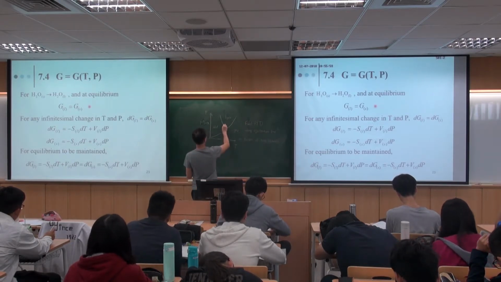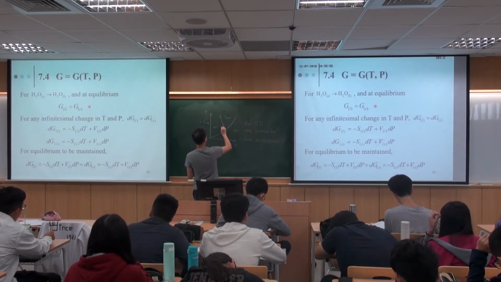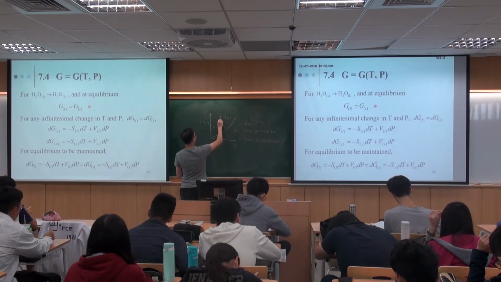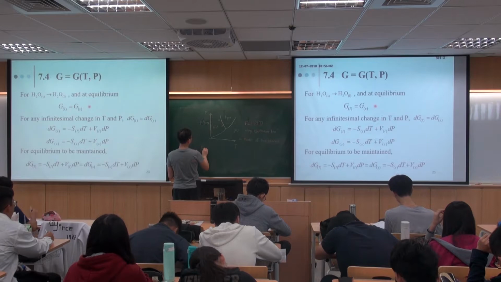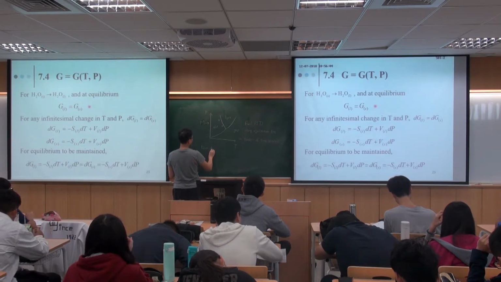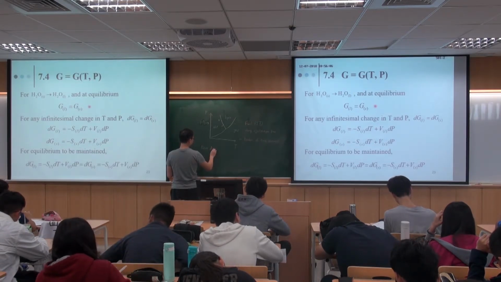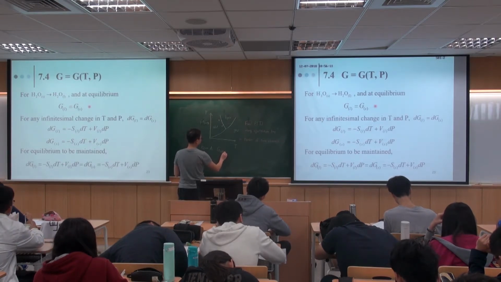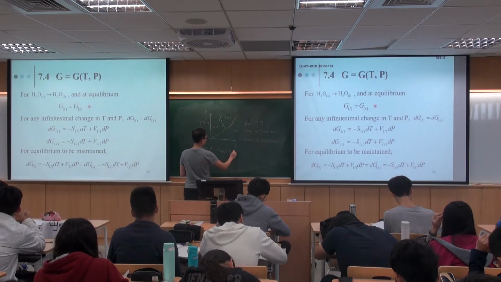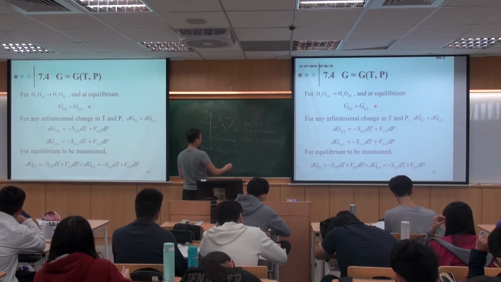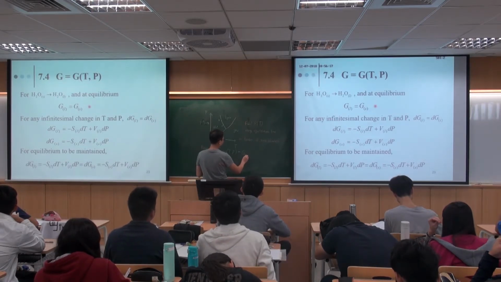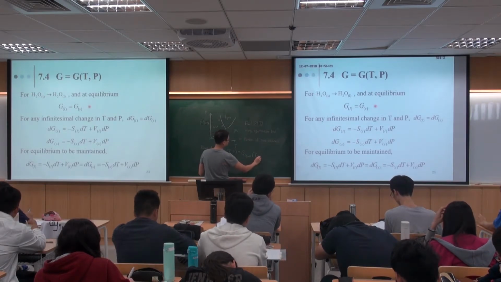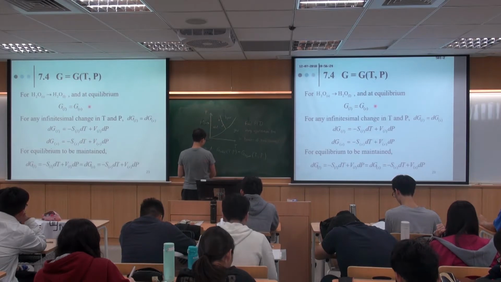So, for instance, if you start from here, this is point A, and we move over here to point B. So at point A, you have G solid at one temperature and one pressure, and that should be the same as G liquid at this temperature.